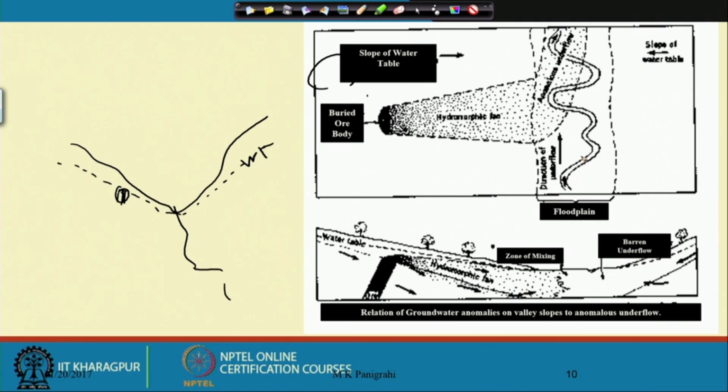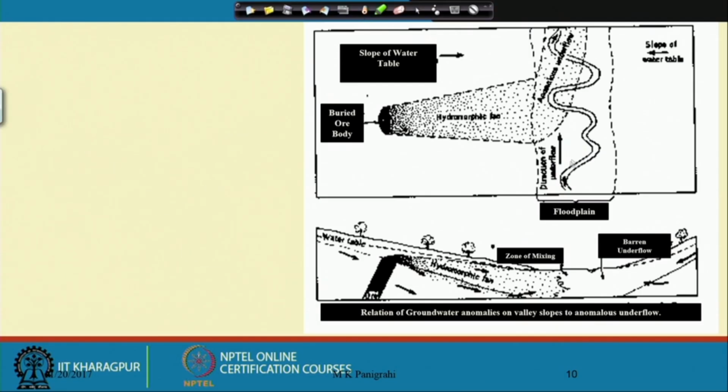For example, if this happens to be the water body in the area, and this happens to be the regional slope, then the concentration of the metal of interest will always be higher in the downstream direction compared to the region here. So, this gives some idea of how the element of interest can get dispersed. This is the section view of that.